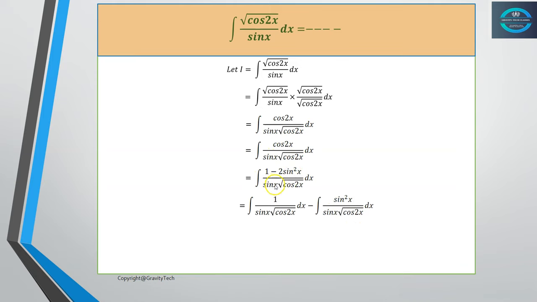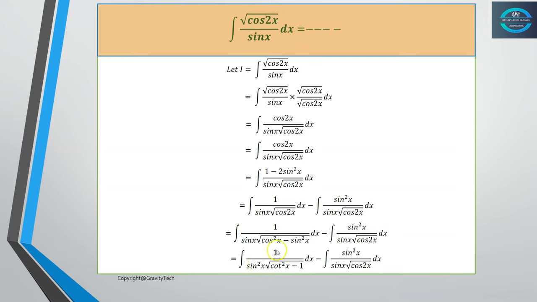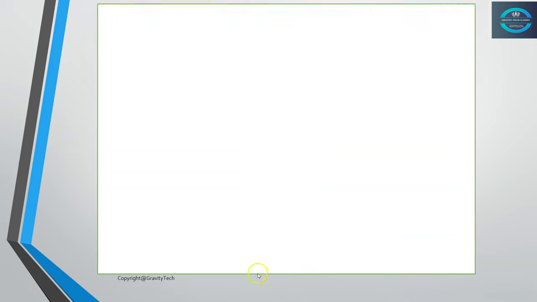Now separate this: 1 upon sin x under root cos 2x, minus 2 sin square x upon sin x under root cos 2x, right? Now cos of 2x will be what? Cos square x minus sin square x. Now if we divide by sin square x, this will be cot square x minus 1, correct, and sin x comes out, sin into sin will be sin square, right?